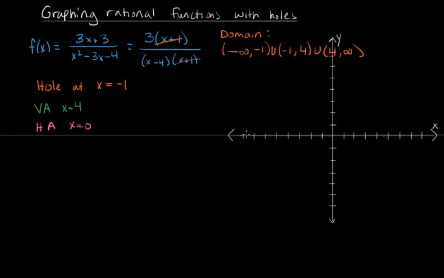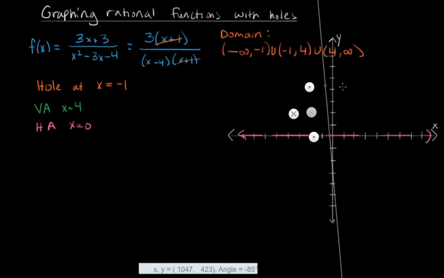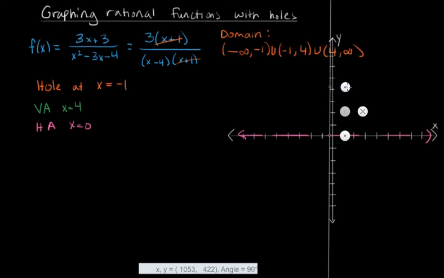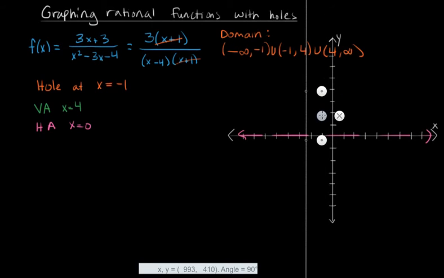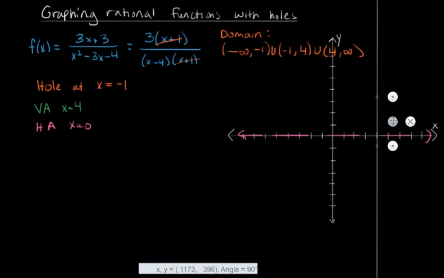A horizontal asymptote here, and a vertical asymptote at x equals 4. 1, 2, 3, 4.